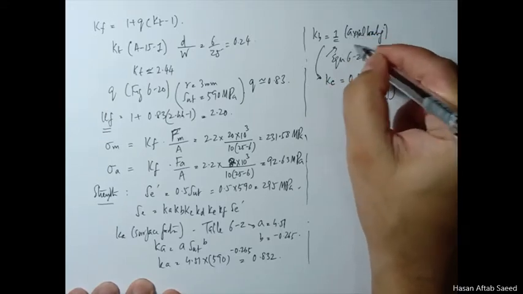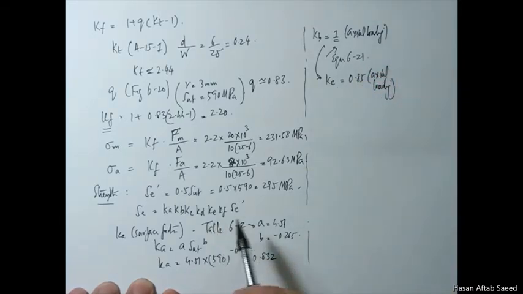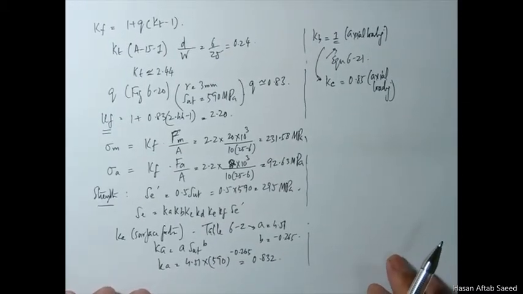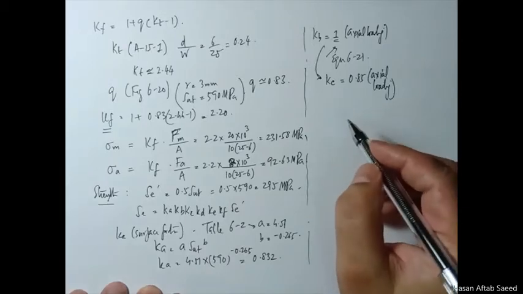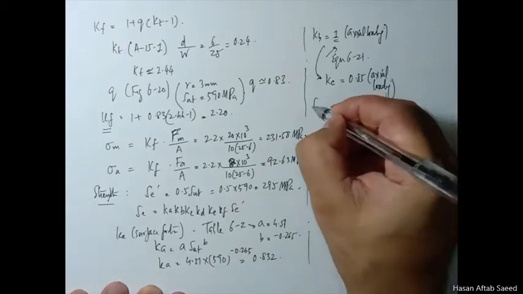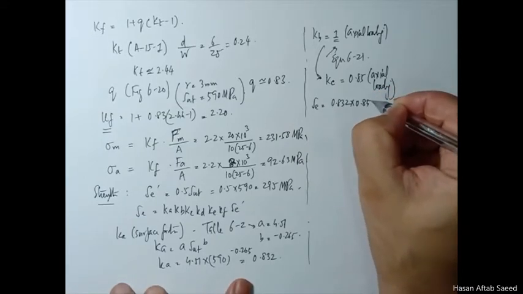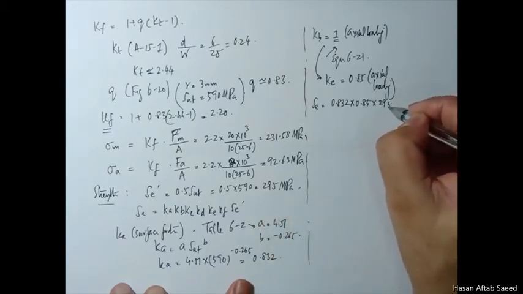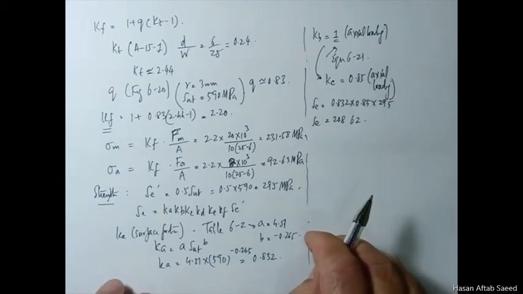As far as Kd, Ke, Kf are concerned, you don't need to worry about those, because Kd is temperature, Ke is reliability, and Kf is miscellaneous, and nothing is mentioned, so you don't need to consider any of those. So your Se turns out to be equal to 0.832 into 0.85 into Se prime 295, and that is 208.62. This is the value of Se.